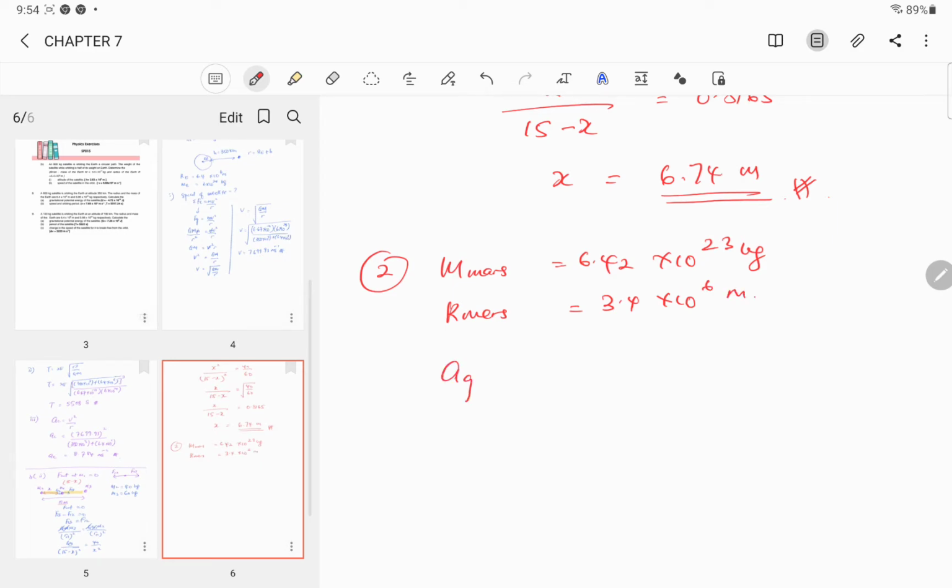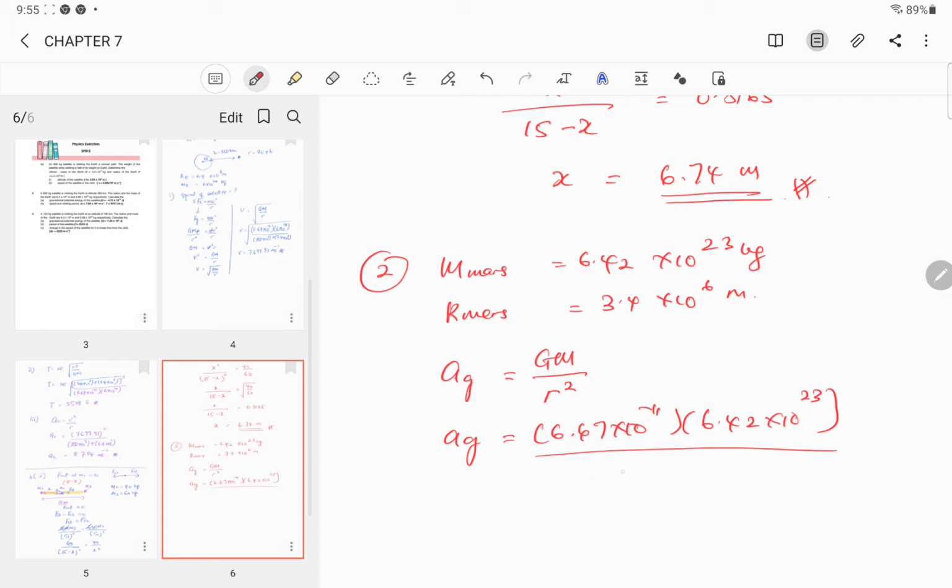Okay, so to find the acceleration, the formula is GM over r squared. So we have a G constant, Mars is 6.42 times 10 power of 23 over the radius on the surface of Mars, 3.4 times 10 power of 6 squared. So your g is equal to 3.70 meter per second squared.